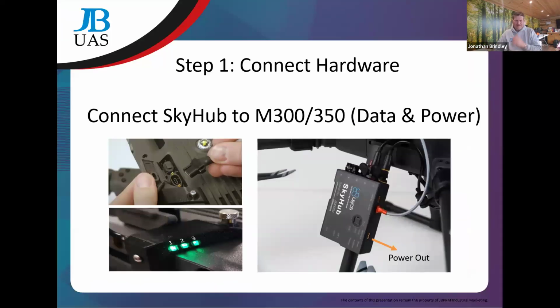So let's have a look at how it all comes together. There's a number of steps we can do quickly for the M300, M350. We're connected in the OSD cable. You can see the 1, 2, and 3 lights in the bottom hand corner. That's giving us indications, when the system's set up and powered on, of where it is in regards to its ready state.